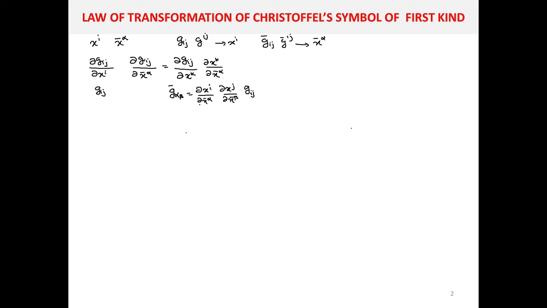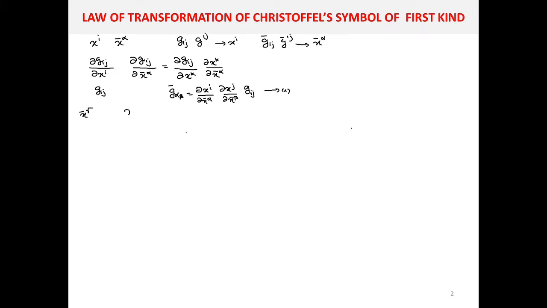This is the transformation equation for this covariant metric tensor of rank 2. Now differentiate this equation with respect to some x bar gamma.